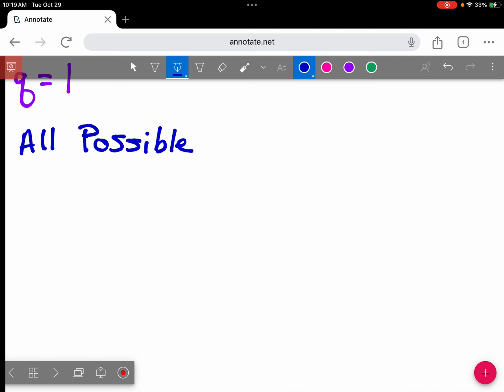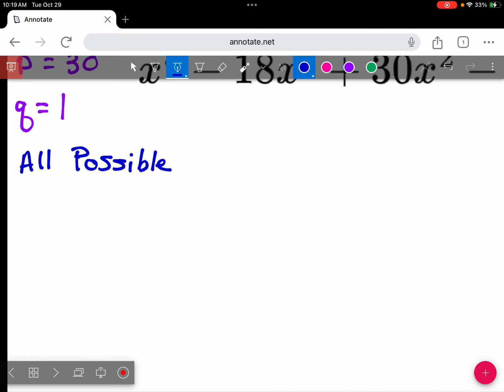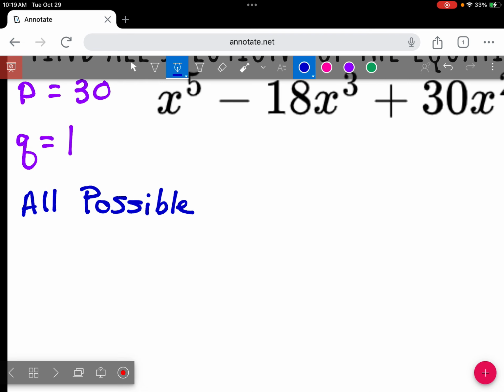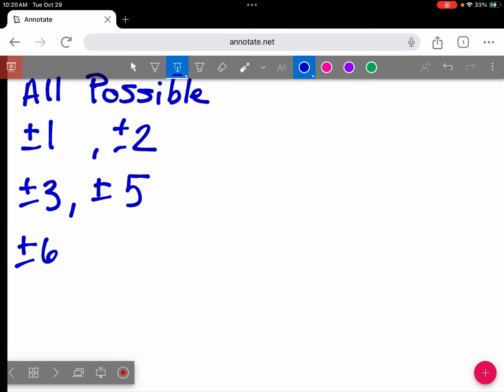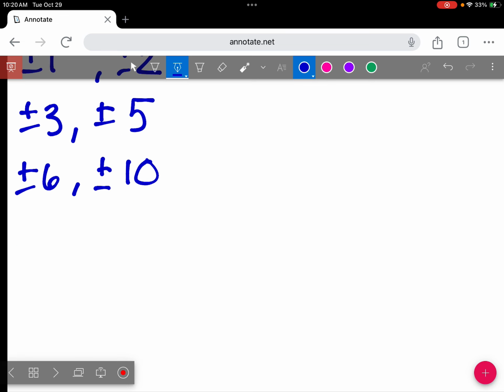So our all possibles are going to be what options? It's the ratio between our factors of P and factors of Q. Plus or minus 1, 2, 3, 5, 6, 10, 15, 30.